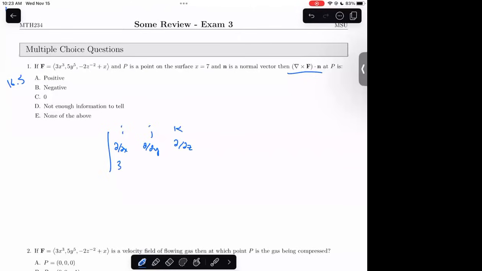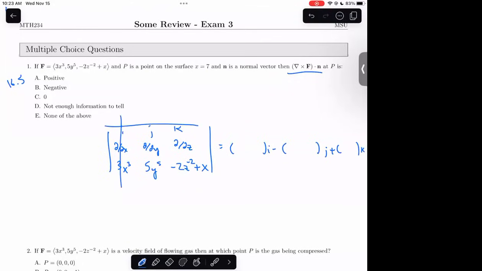So it looks like we have 3x cubed, 5y to the 5th, and then negative 2z to the negative 2 plus x. Whenever we take a cross product, we're going to have stuff with i's minus stuff with j's plus stuff with k's.